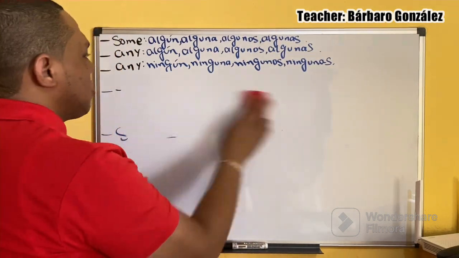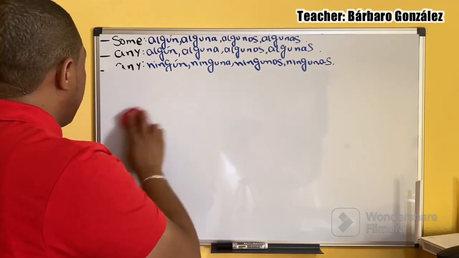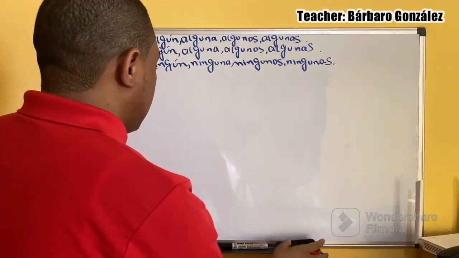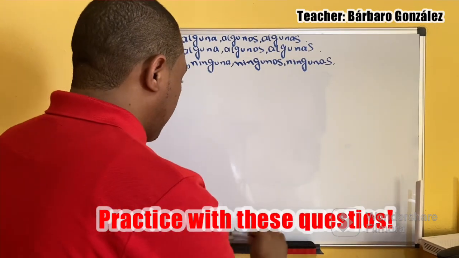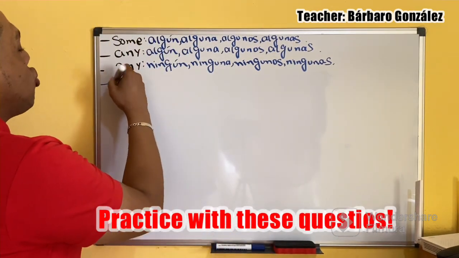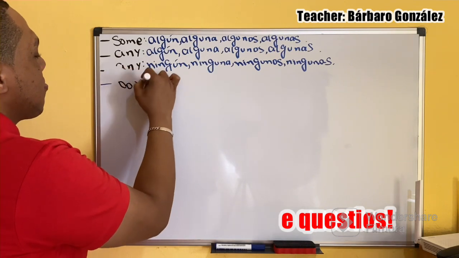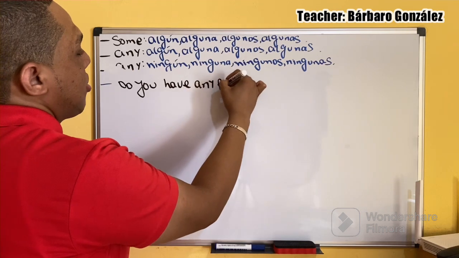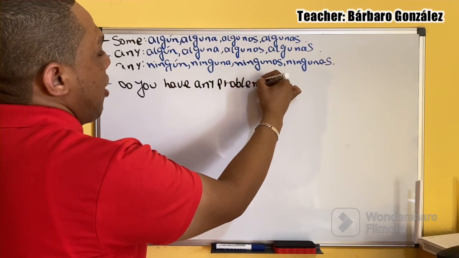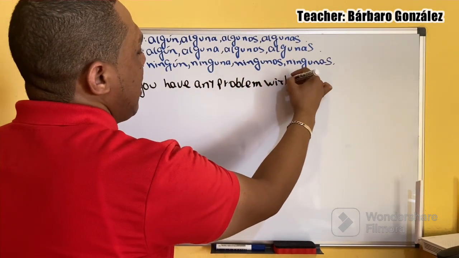Let's do now some questions and answers with which you can practice. For example, if I ask you, do you have any problem? For example, do you have any problem with me?